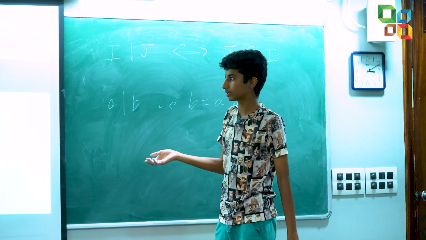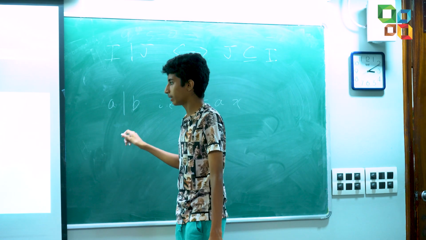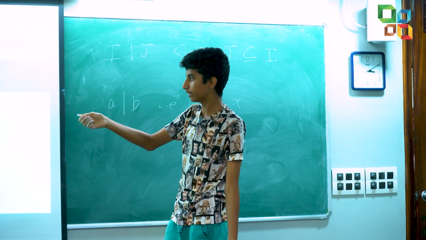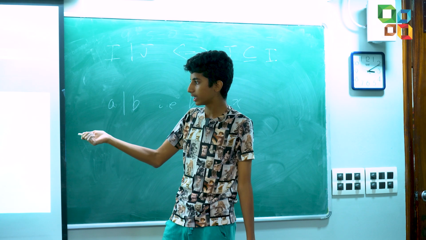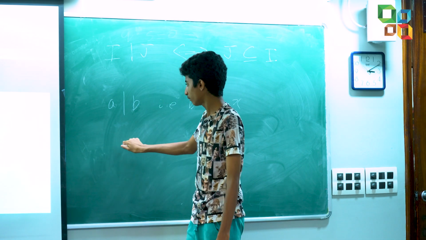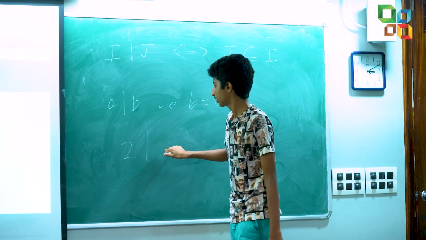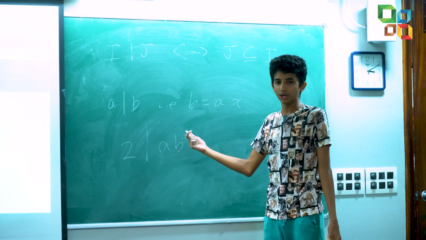Let's get to primes. Whenever there is divisibility theory, there's always a prime number floating around. So we'll define prime. An ideal P is prime if P divides AB implies that P divides A or P divides B. For example, 2 divides AB, then 2 must divide either A or B, right?